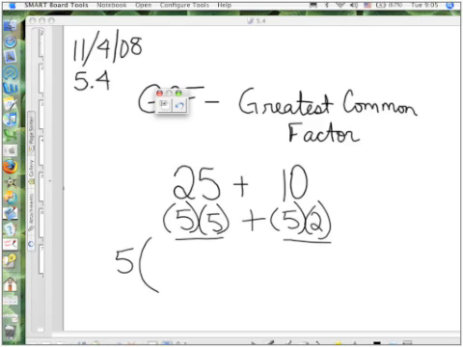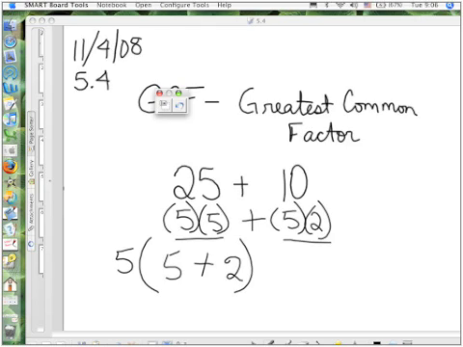Now my job is to tell you what's left. If I'm factoring out, it means that I'm dividing each thing by 5. If I divide this by 5, what's left? And if I divide the other one by 5, I have 2 left. Now, would you still agree that this problem at the very bottom works out to be 35?